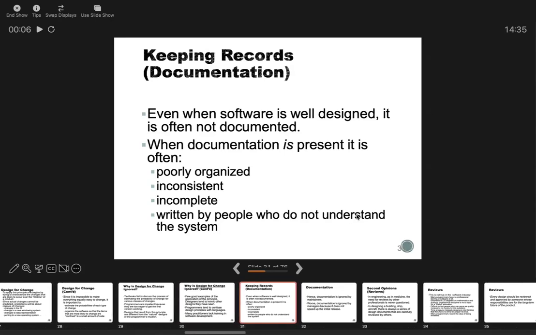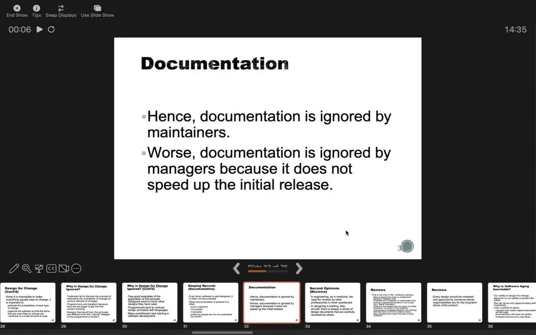So, keeping records: even when software is well designed, it is often not documented. When software documentation is present, it is often poorly organized, inconsistent and incomplete. Sometimes people write documentation, but they do not understand what they are documenting.